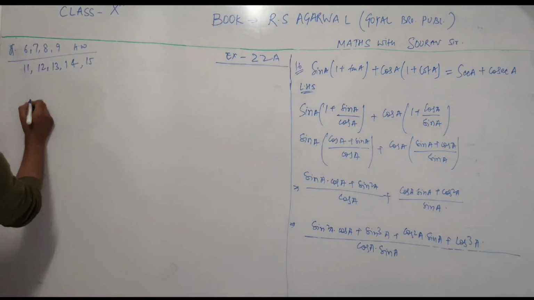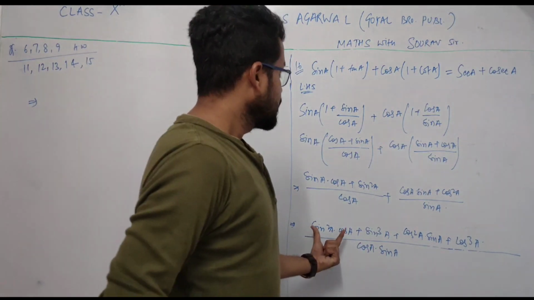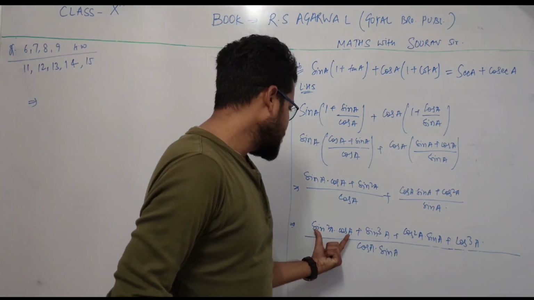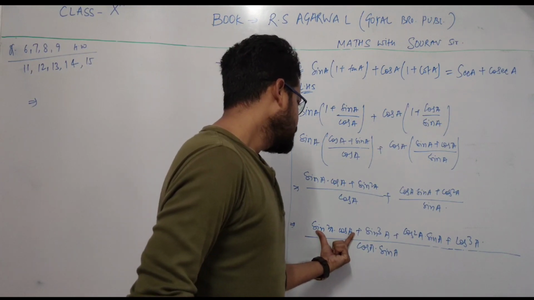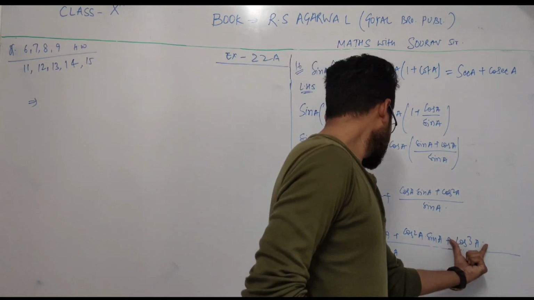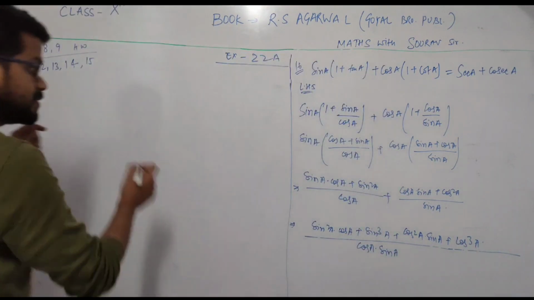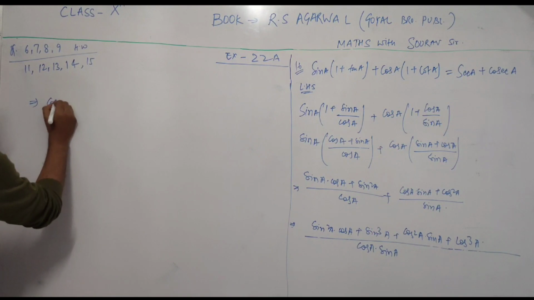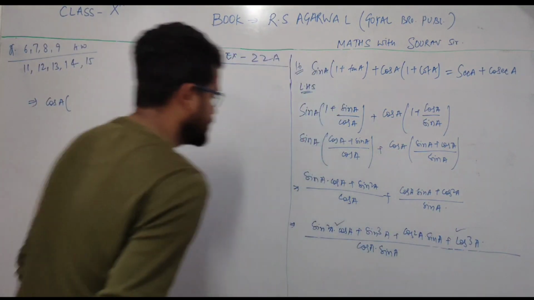Okay. Now again if we take LCM, this sin square A into cos A with cos cube A, I take LCM cos A for this and this.